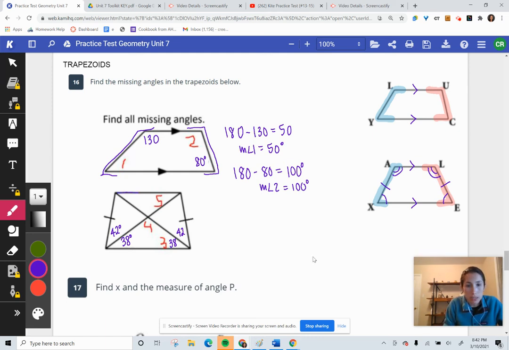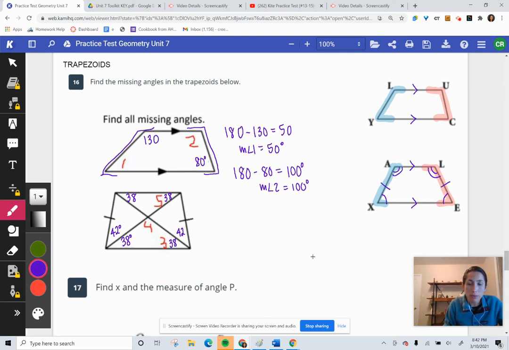So I can make a Z like this. So we've got 38 degrees here. We would also have alternate interior angles that are congruent here as well, so I can put 38 degrees in my diagram there as well.